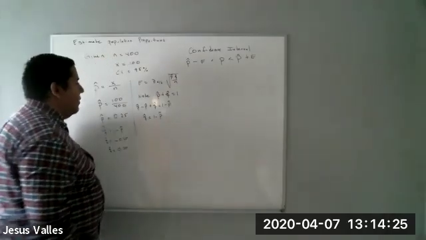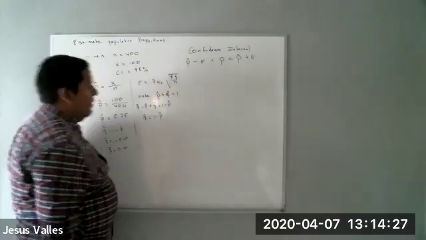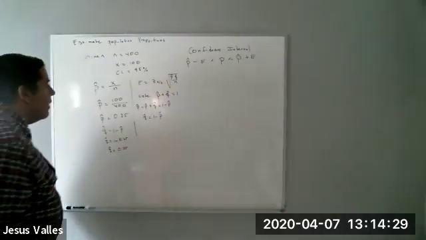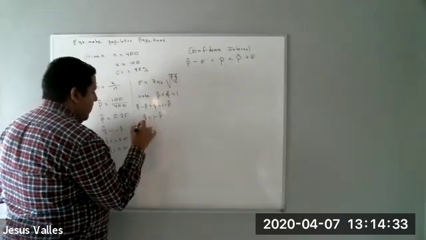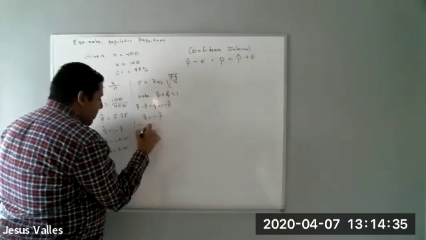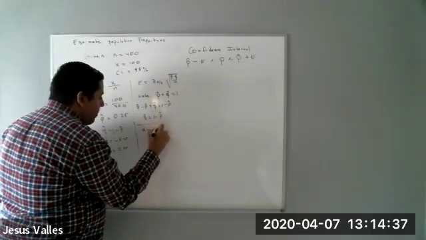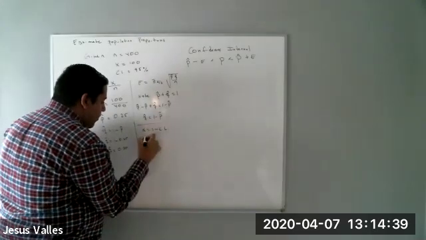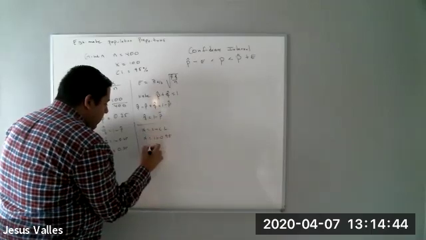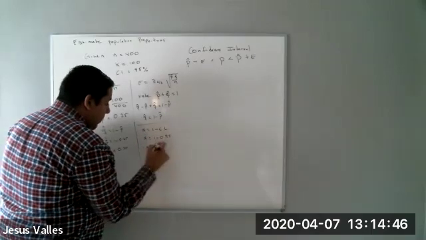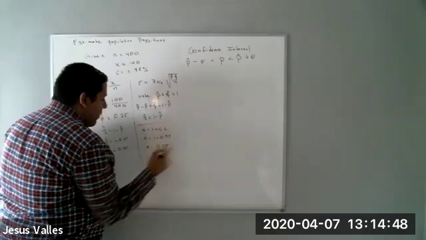Therefore, the next big challenge is to find z of alpha over 2. Same thing as we said before, alpha is equal to 1 minus the confidence level. So alpha equals 1 minus 0.95, so alpha is 0.05.